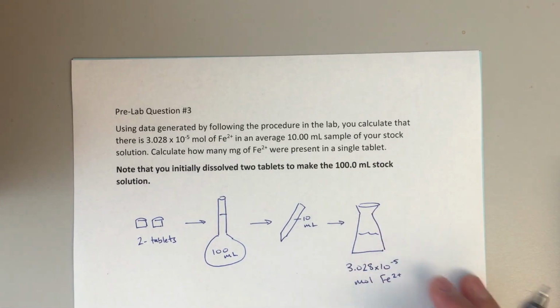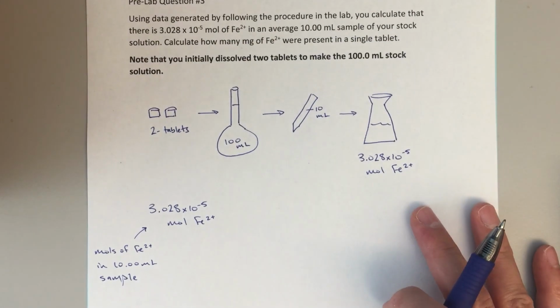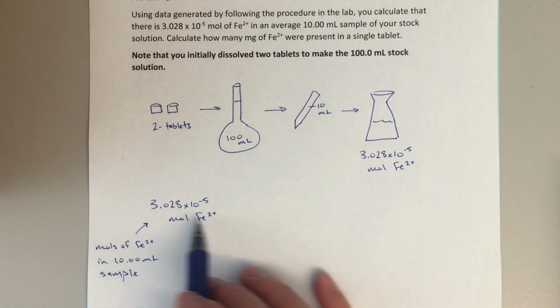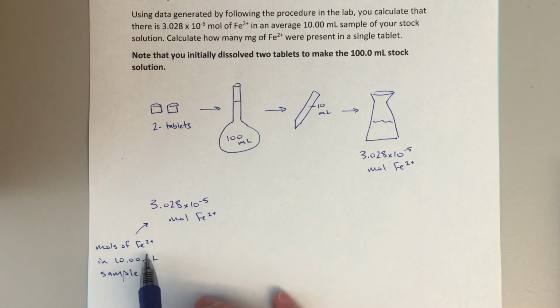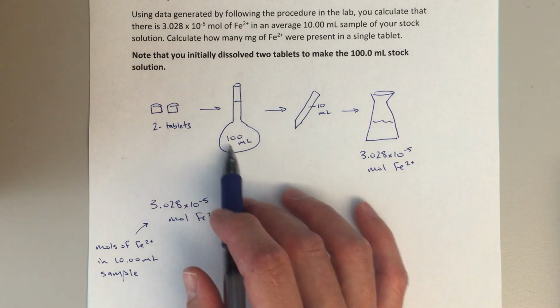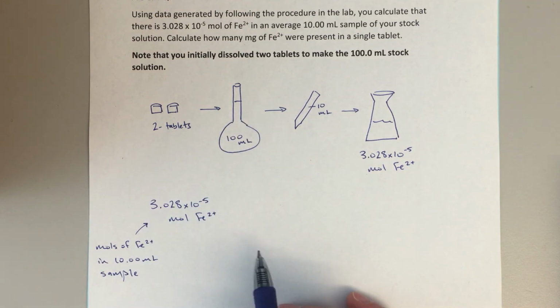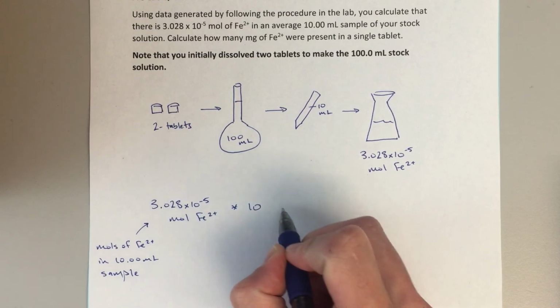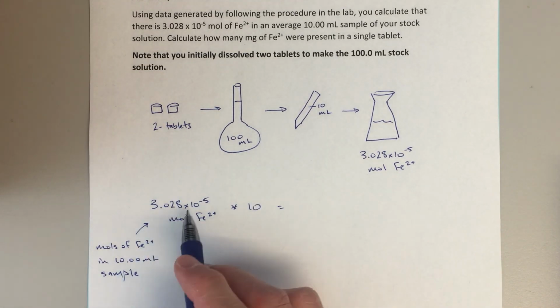We started from this 3.028 times 10 to the minus 5th moles of iron 2+, and I'll rewrite that and add a little notation here. This is my moles of iron 2+ in a 10 milliliter sample. Now, if I look at my cartoon again, to find the number of moles in my 100 milliliter volumetric flask, I just need to multiply this number by 10.